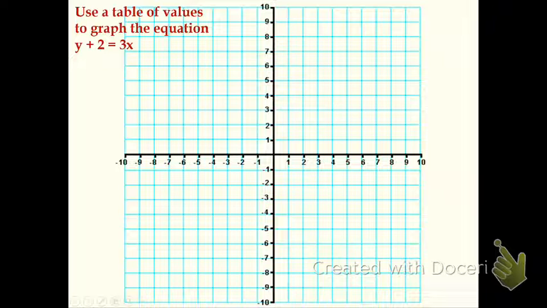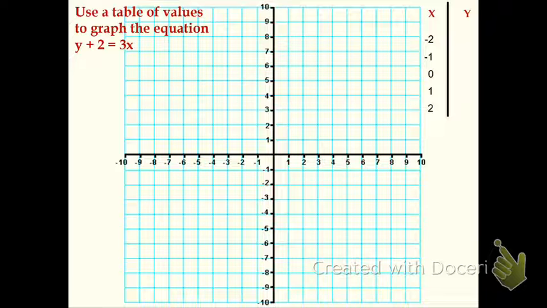So here's an example. We're going to graph the equation y plus 2 equals 3x by making a table. So we make our t-chart. We often will pick the numbers -2, -1, 0, 1, and 2 as the most common numbers picked for x, unless for some reason something else is easier because of fractions or decimals.